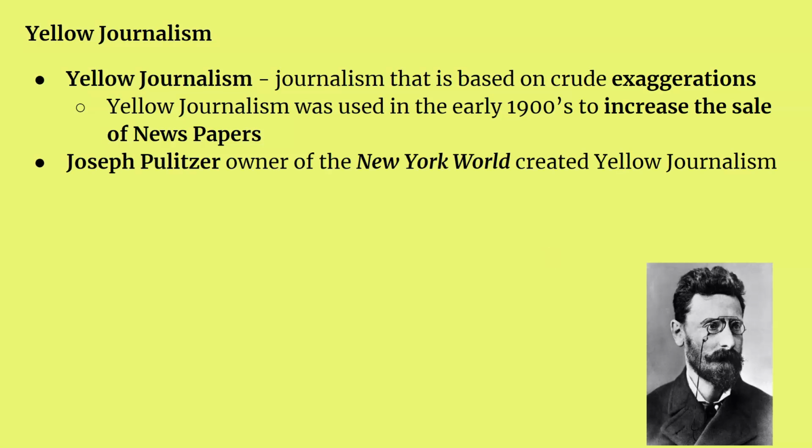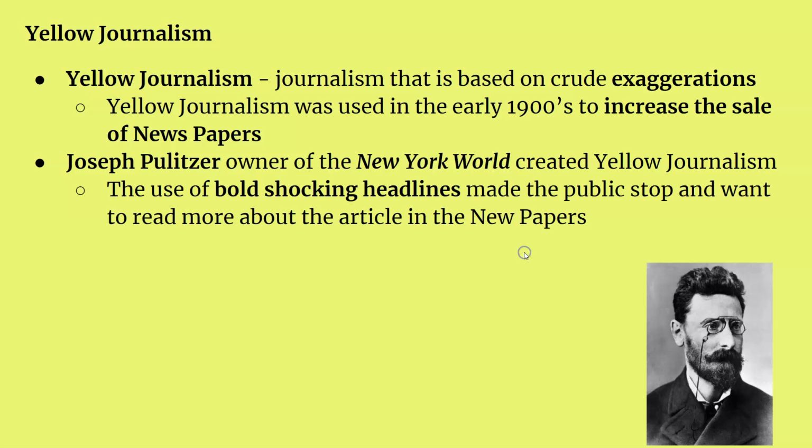That's what it's all about. The more newspapers you sell, the more money you make, and the more you need interesting stories for people to buy them. It's true today. This is where the use of bold, shocking headlines topping newspapers began. It's an eye catcher. You see that big headline, you're supposed to buy it.